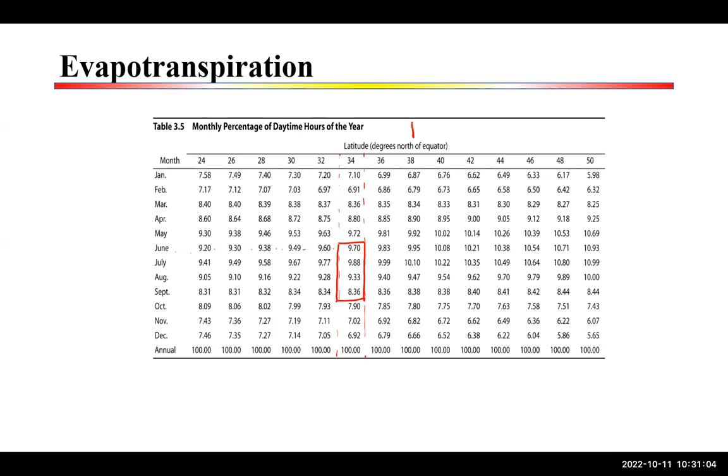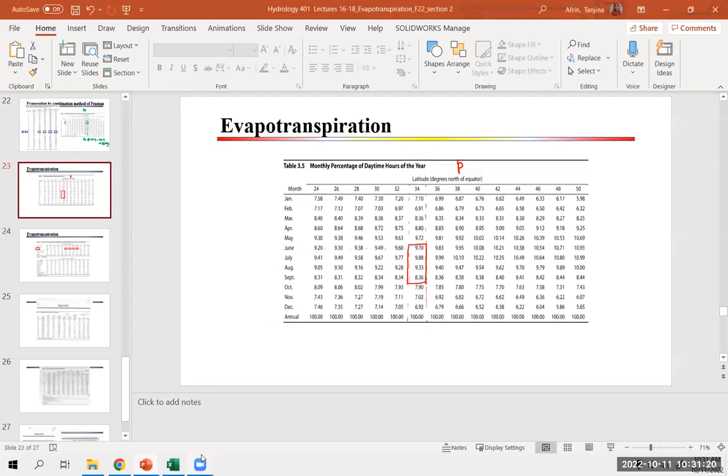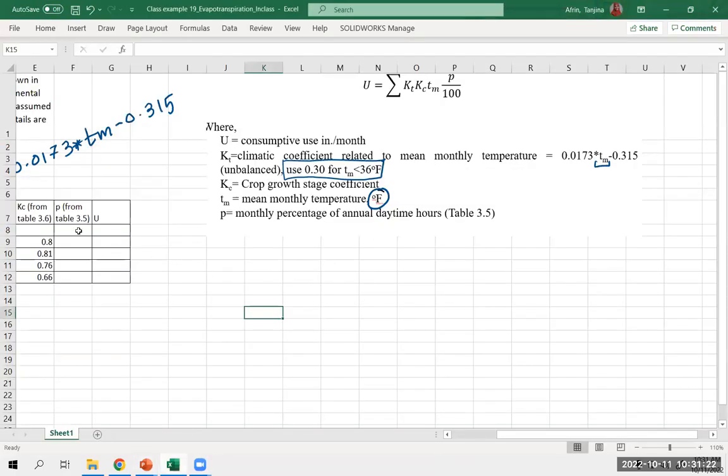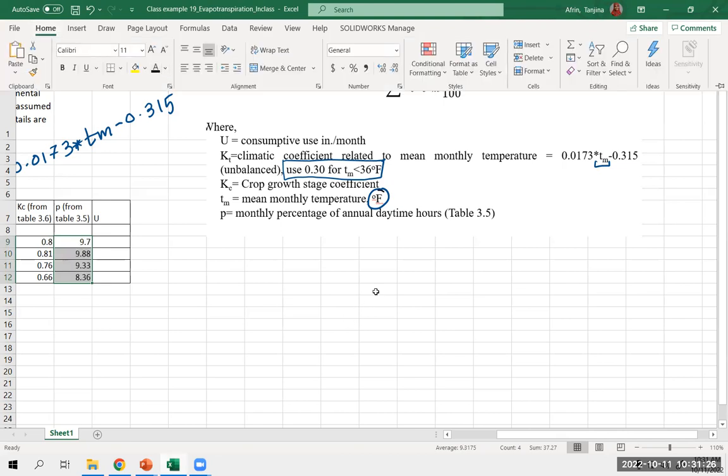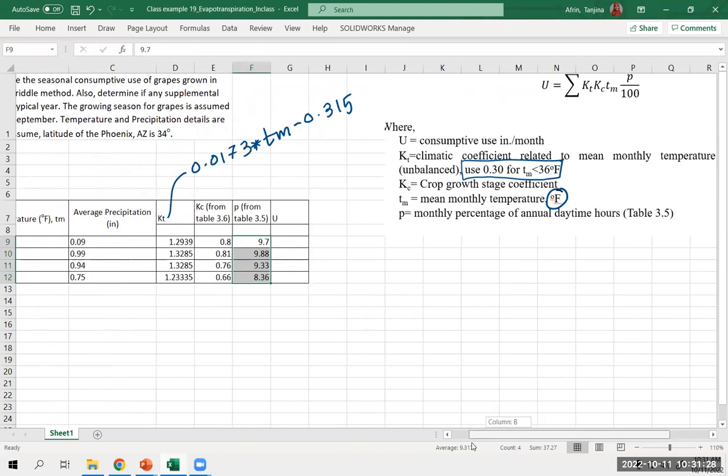That will be the small P, this one. 9.7, 9.88, 9.33, 8.36. Right? So can you type that one here as well? Do you have that, all of you?